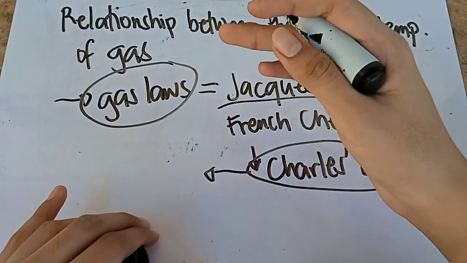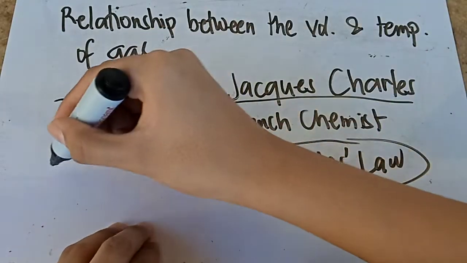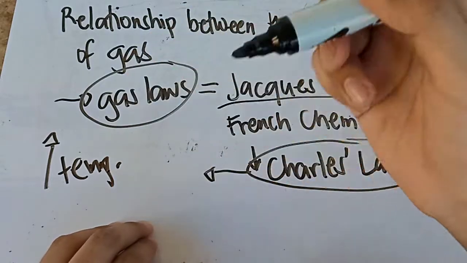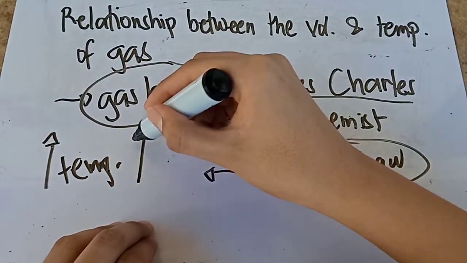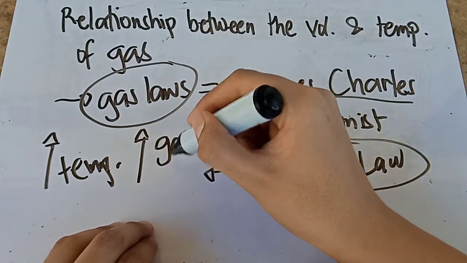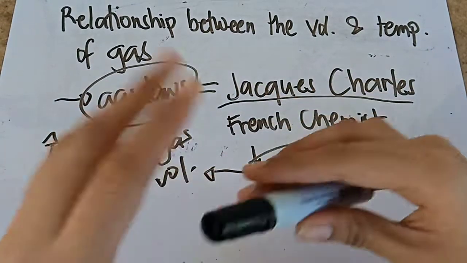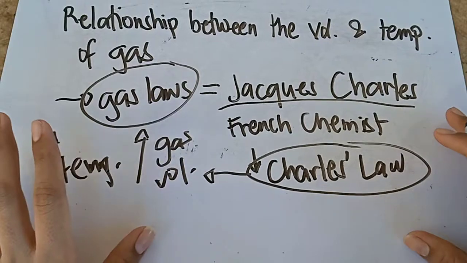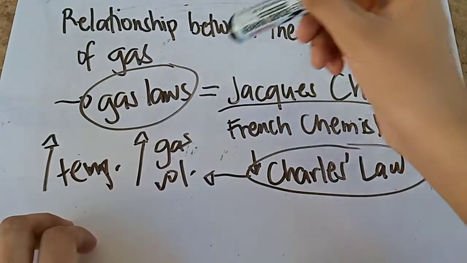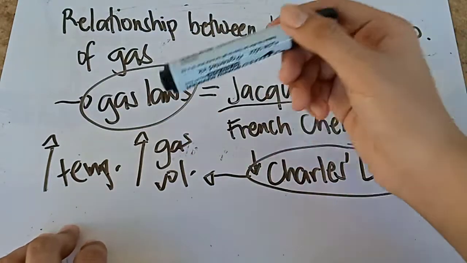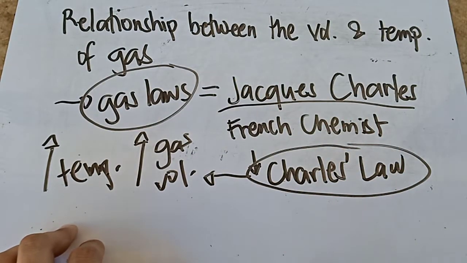Charles Law states that the higher the temperature, the higher the gas volume. That is one example of a gas law, Charles Law, which states that the higher the temperature, the higher the gas volume.